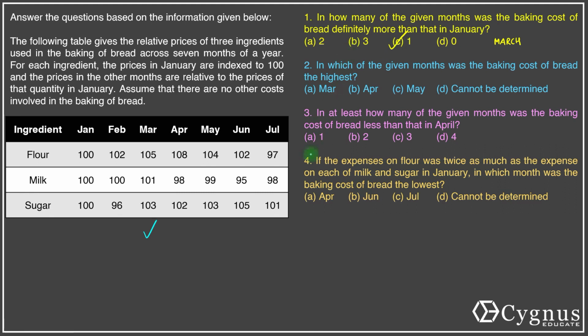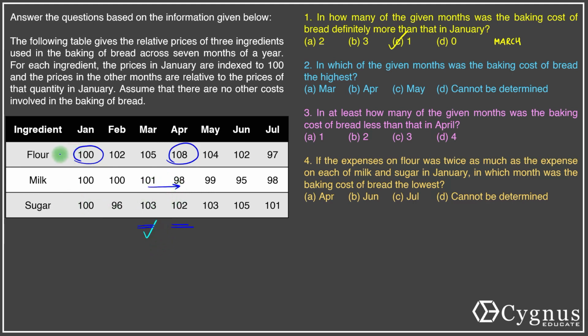Now notice that the cost of flour has risen to 108 from 100 in April. So if the flour requirement in baking bread is a maximum cost, then the cost in April would definitely be more than the cost in March, even though the cost of milk has gone down.